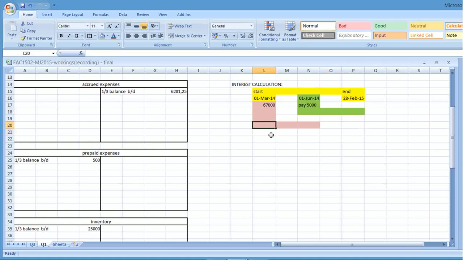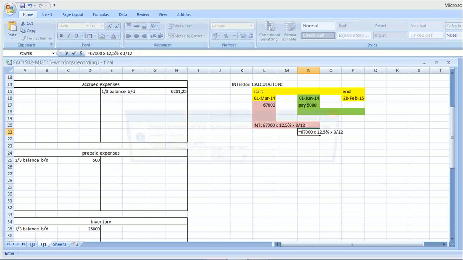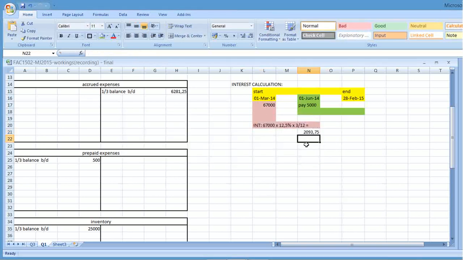So you're going to have, in terms of interest, 67,000 times 12.5% times March, April, May, 3 months, so 3 over 12. Gives you an answer: 2093.75.